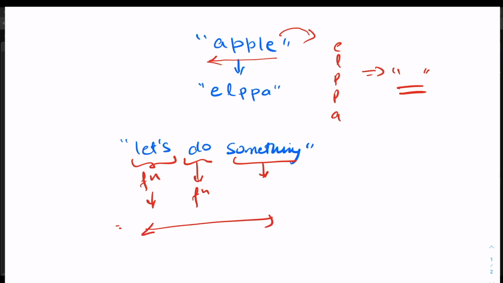In JavaScript, we first of all need to use our split method. We need to split this string into an array, and then we will use join to make it into a string. Let's see how to code that in JavaScript now.